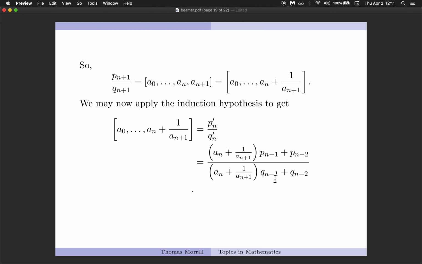I've got qn minus 1, the previous denominator, plus qn minus 2, the denominator before that. So this should be a way to write the fraction that I want to solve for. Okay. Let me work this out a little bit.